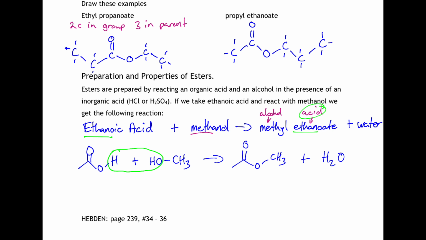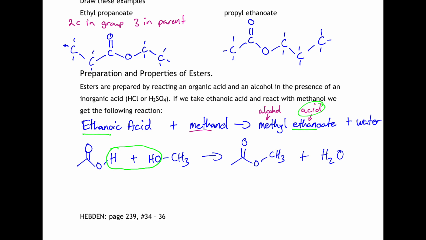So we know the first thing, ethanoic acid is quite literally an acid, right? What would methanol be as a kind of chemical? What kind of chemicals do you know that end in OH? Bases.